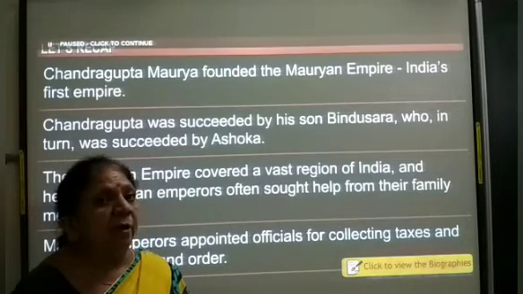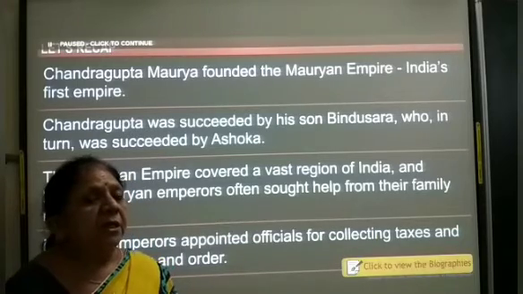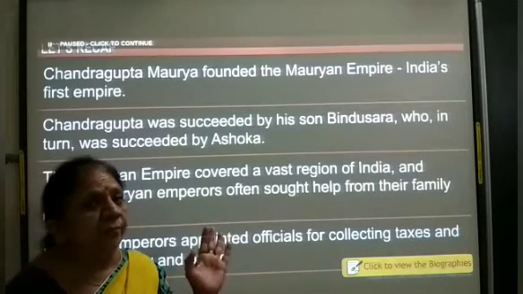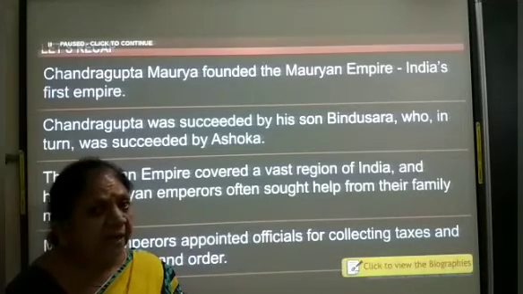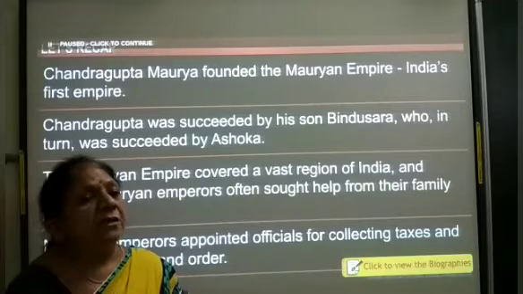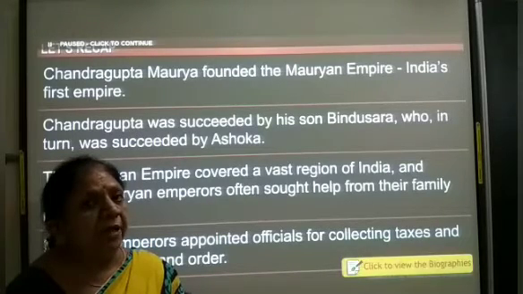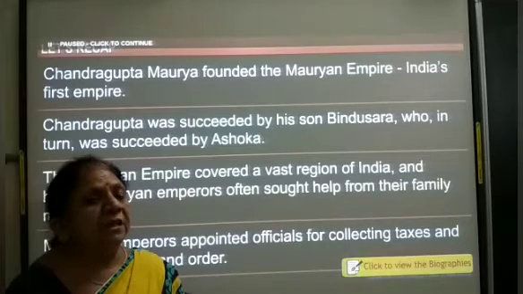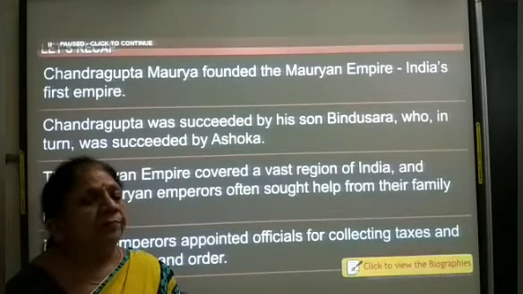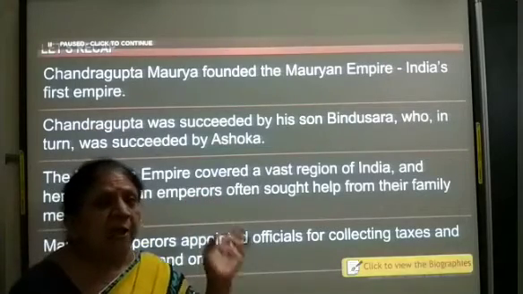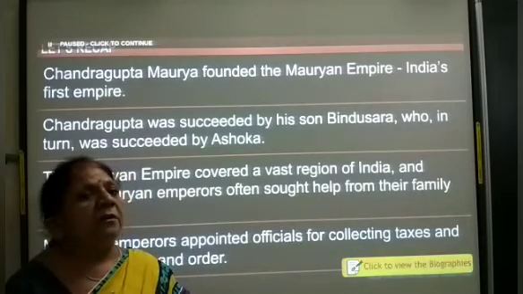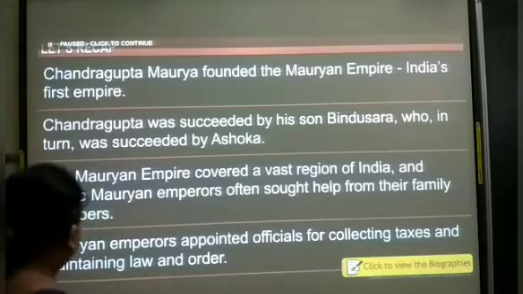Law and order is not only today's concern; since ancient times they had to maintain it. If law and order is maintained in the country, then it can be ruled successfully. If there are riots, it will be very difficult for our prime minister or president, or in ancient times for the king, to rule over the country. Understand?